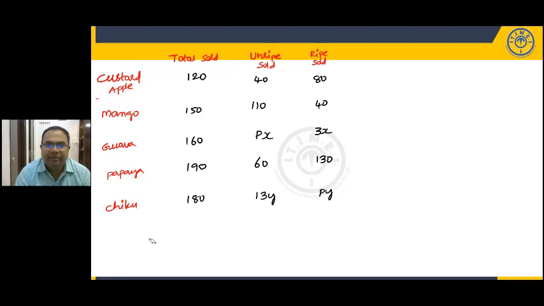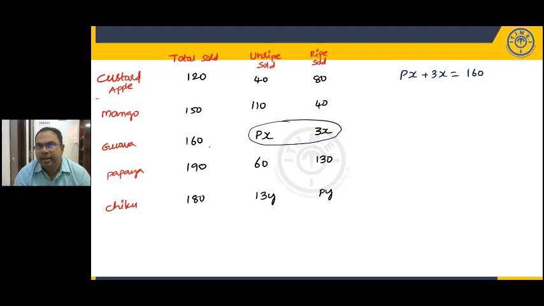I need to basically find out that P value, X value, Y value, right? Can I write this? PX plus 3X is equal to 160. If I add these two, unripe sold and ripe sold, it must be equal to 160. Then I can take x common: x into p plus 3 is 160.